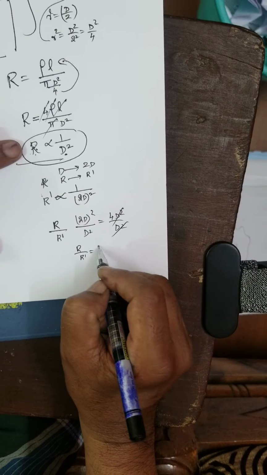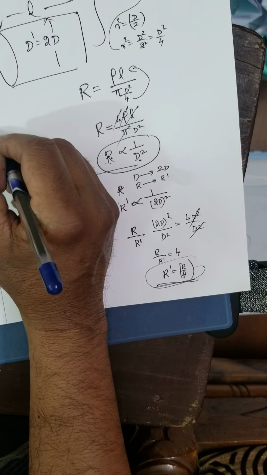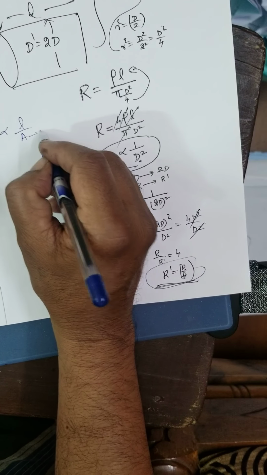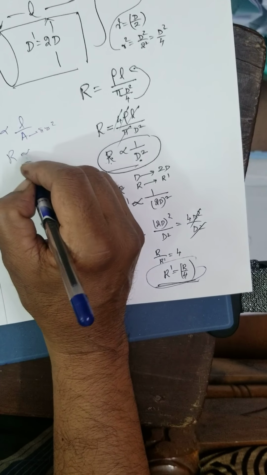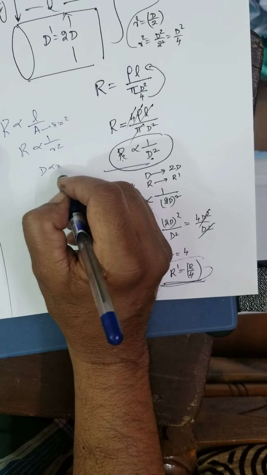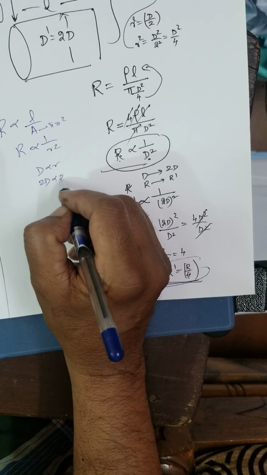What do you observe from this? The new resistance will be 1/4 of the old resistance. If you double the radius, the resistance becomes 1/4 of it. Resistance is directly proportional to L by A, and A is Pi R square. Therefore, resistance is inversely proportional to R square. Diameter is directly proportional to radius. If the diameter doubles, the radius also doubles.